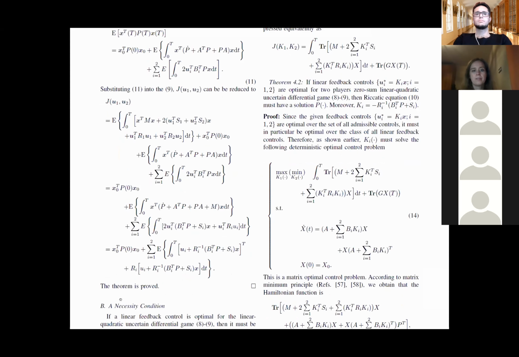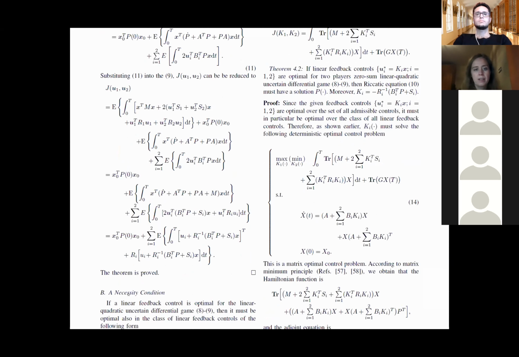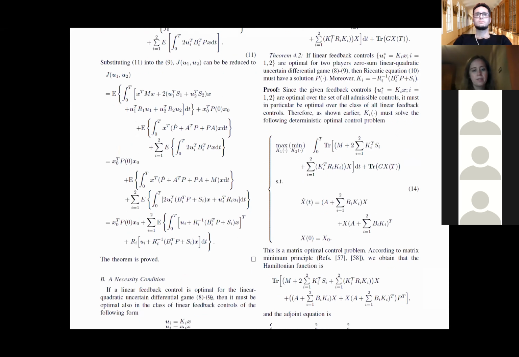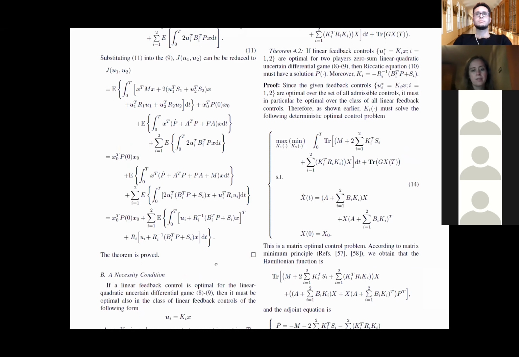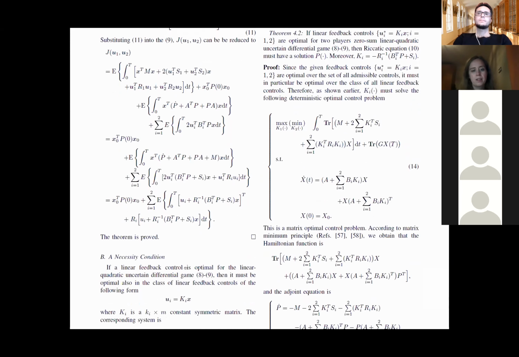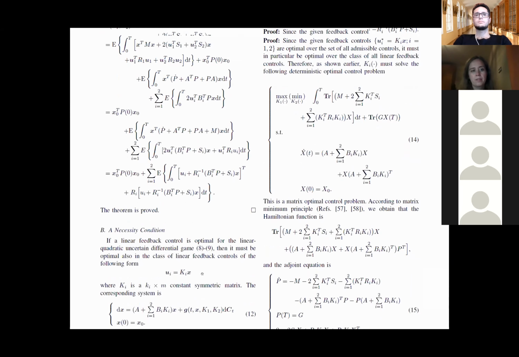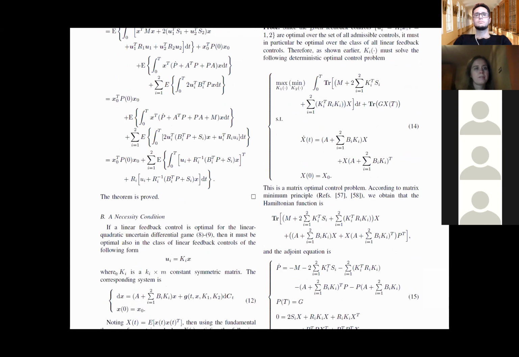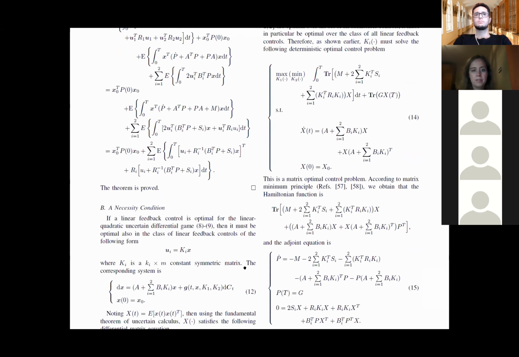They also prove a necessity condition. For this necessity condition, they mainly use a symmetric matrix, where K is a constant symmetric matrix. The corresponding system is this.